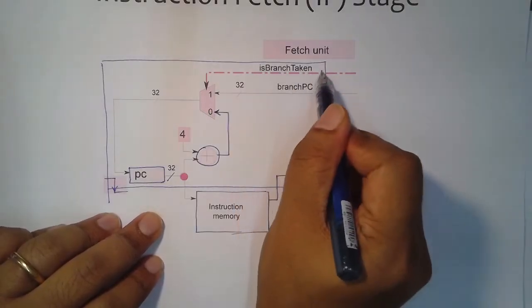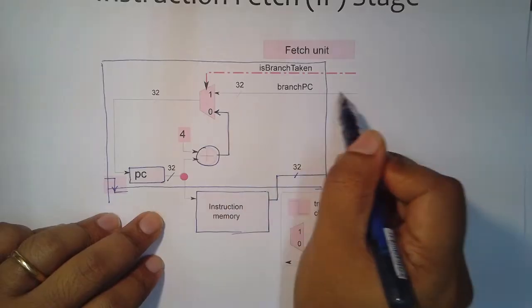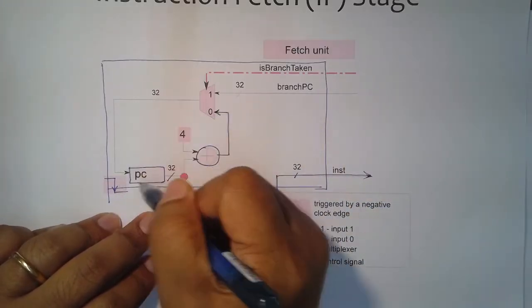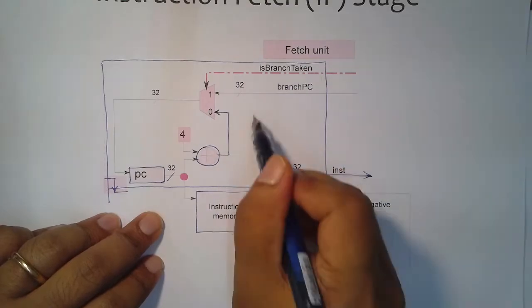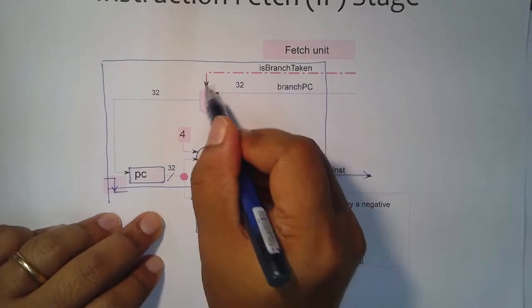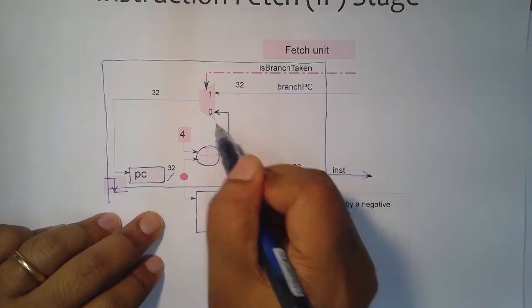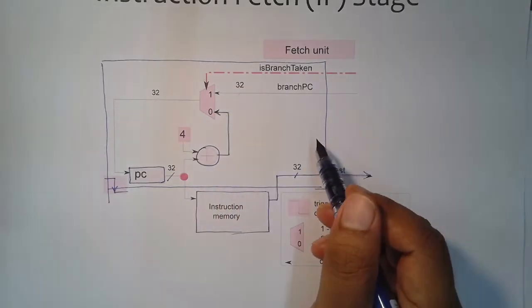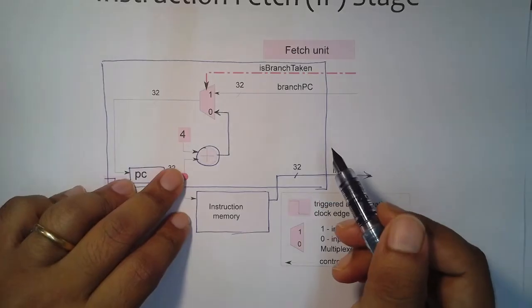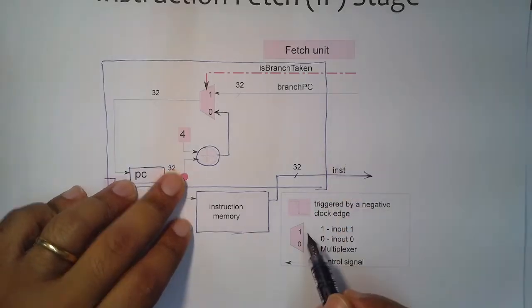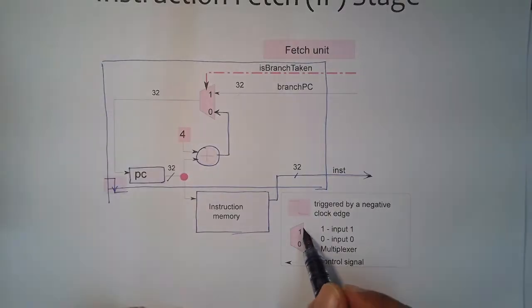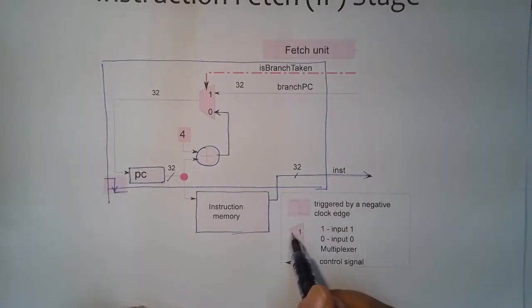If the branch is taken, then you should take this new address to update your PC, and if the branch is not taken, then you will take this input as the new PC. Just for completeness, I hope all of you understand what a multiplexer is. In this case we need a 2 to 1 multiplexer, and as you can see, this is a multiplexer.